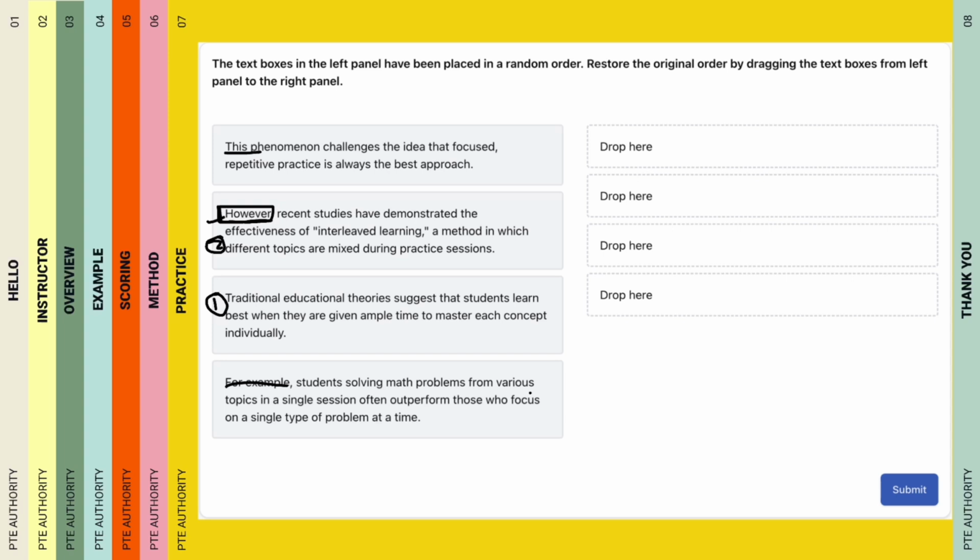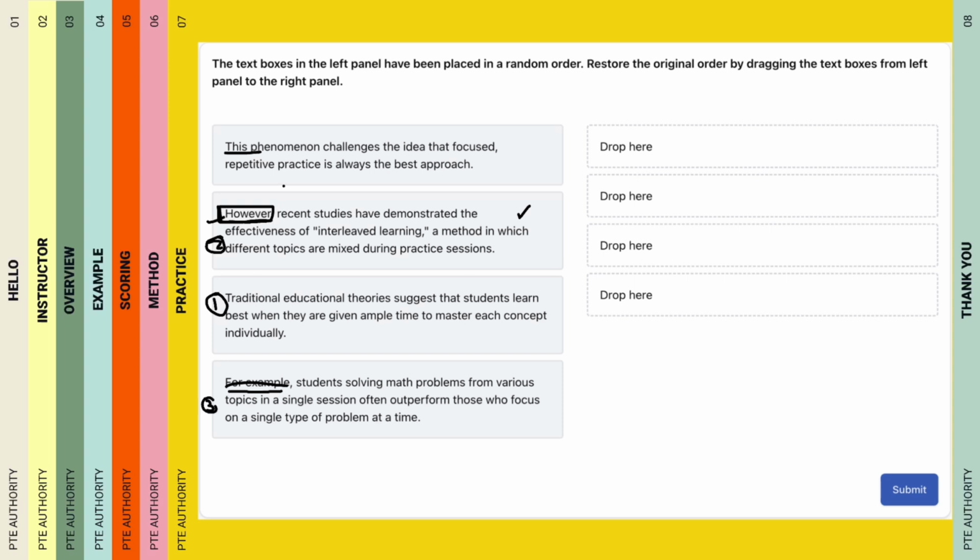This sentence seems to be closely related to what is mentioned in number 2. "For example" is a linking word, and it is linking the statement mentioned in paragraph 2 by giving an example. So that looks like number 3.